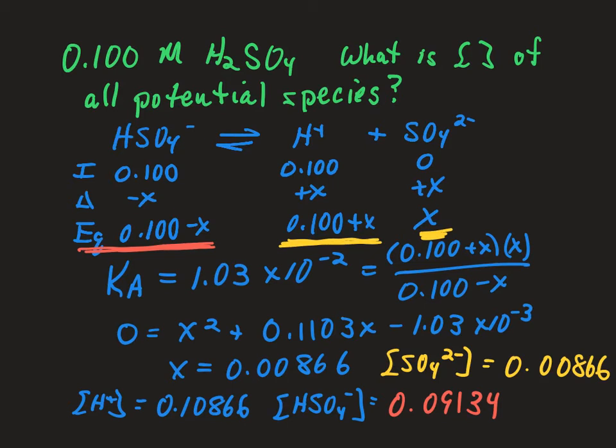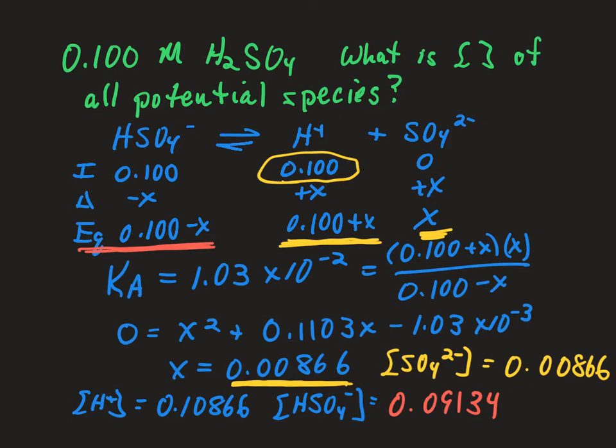But we can see that the extent of dissociation of the second hydrogen ion is much less than the dissociation of the first, which was complete, right? And so in our calculations, we can see that diminishing of acid strength as the reaction proceeds, okay?